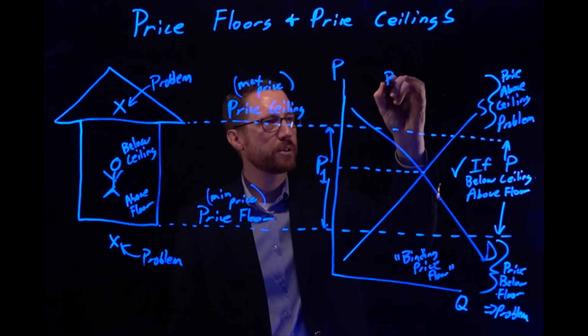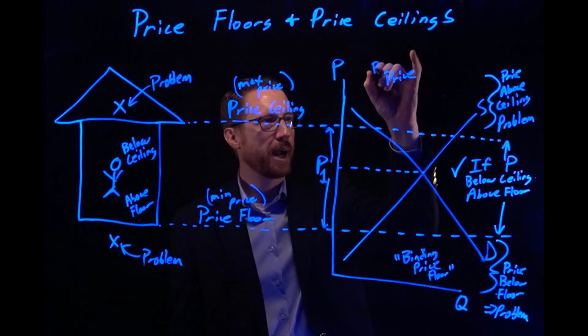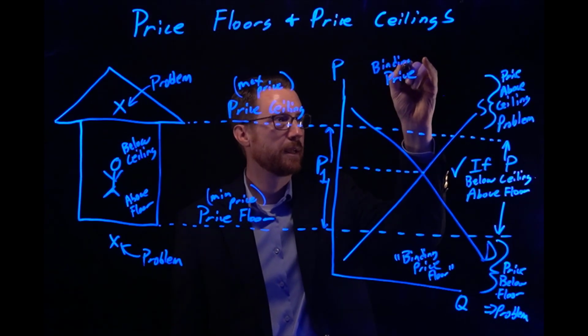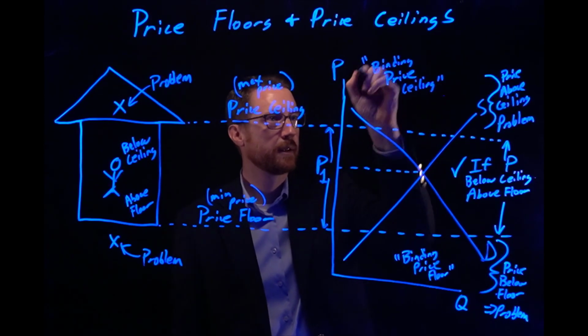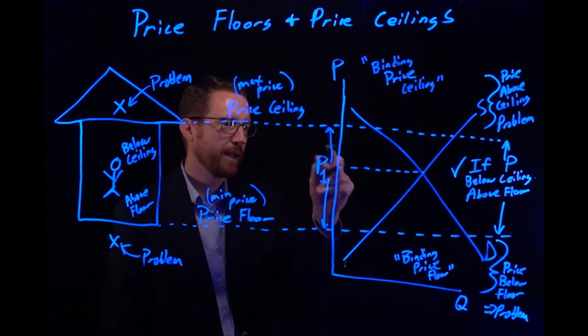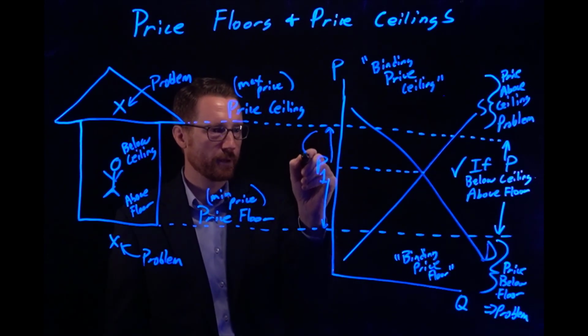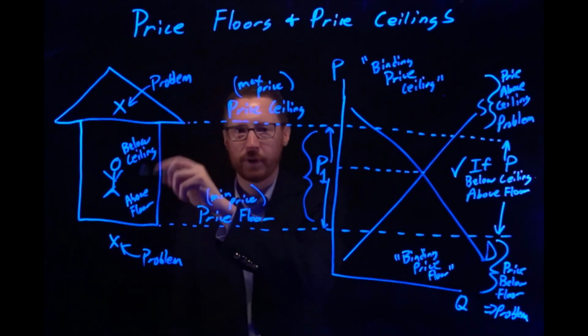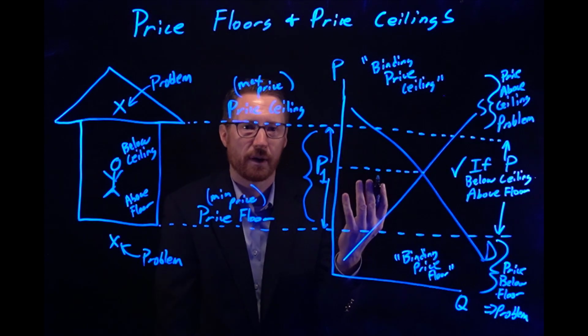If price is supposed to be above the ceiling, then we have a binding price ceiling. If it's supposed to be in between, if we're living in the house, then it really doesn't matter what the regulations are.